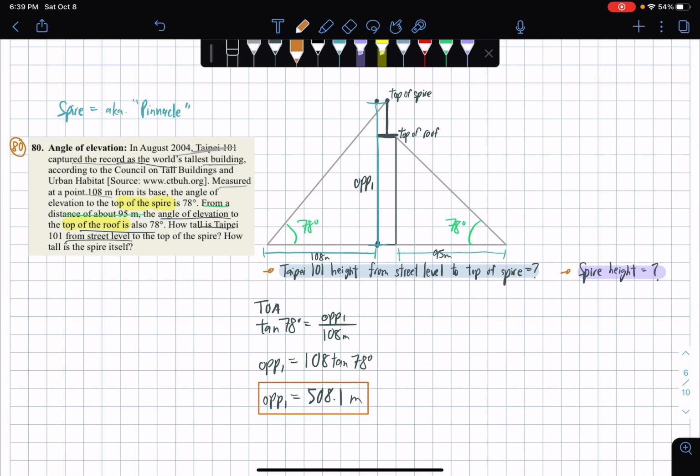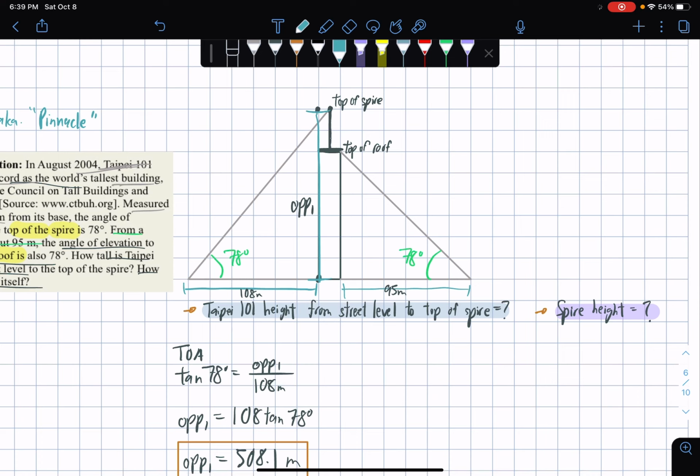So for the second question, how tall is the spire itself? So this is what we're looking for in the second question. In order to find that, of course, we use our logic, our common sense. From this value, we subtract the height of this one, the height of Taipei 101 from the street level to the top of the roof only. If you subtract those two values, we get the height of the spire itself.